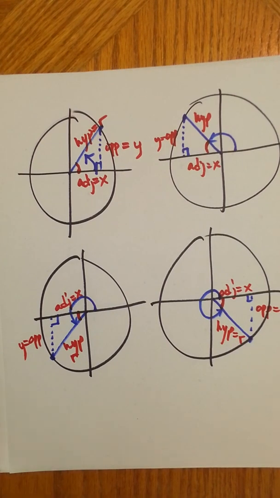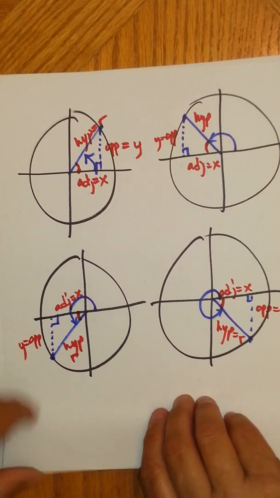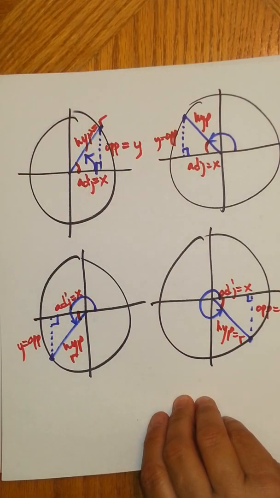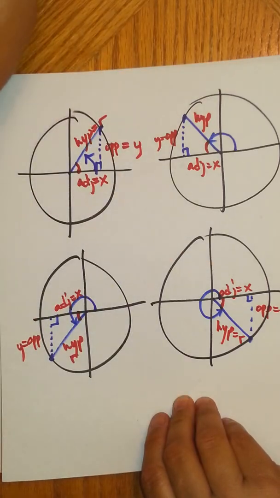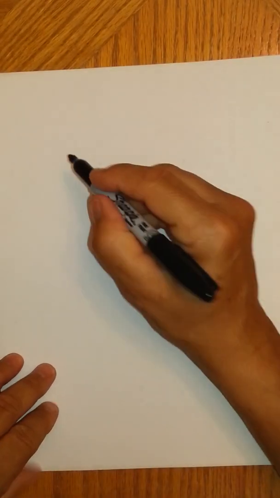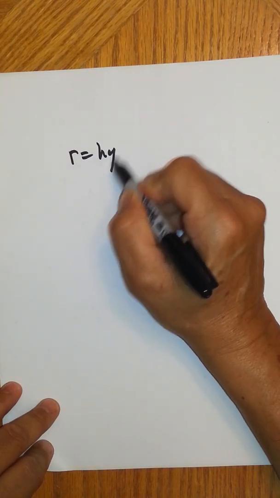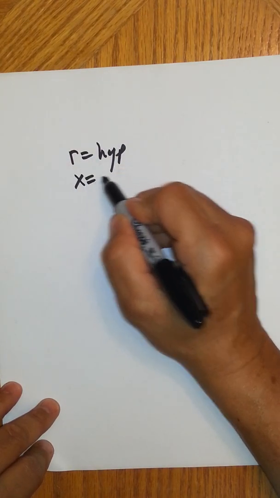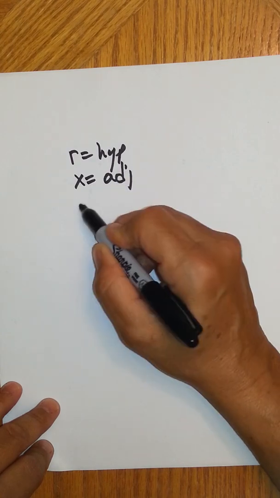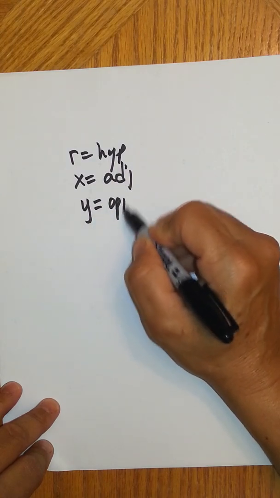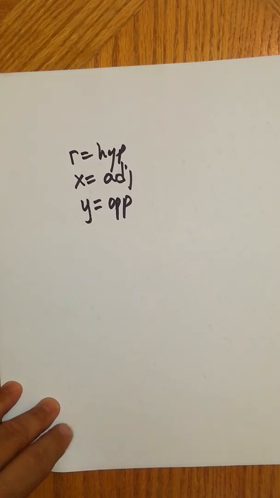So indeed what we see is that for any right triangle on the unit circle represented by a reference triangle and reference angle, r is the hypotenuse, x is the adjacent, and y is the opposite. Okay?